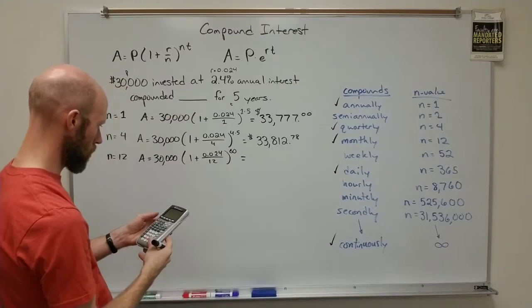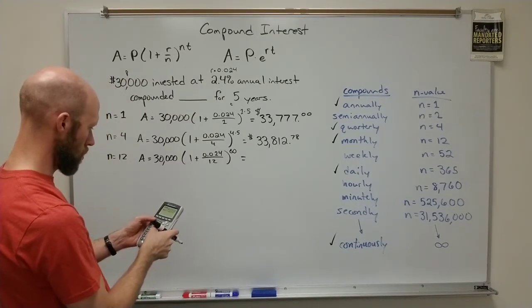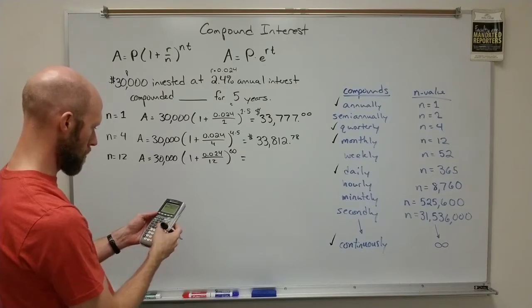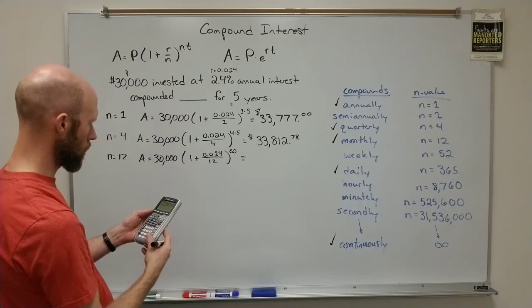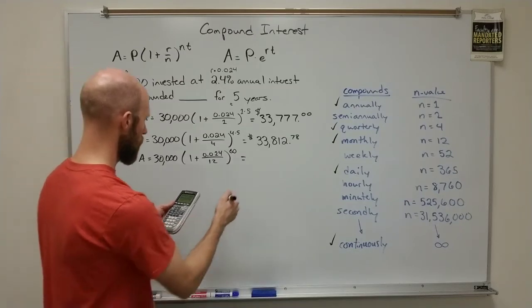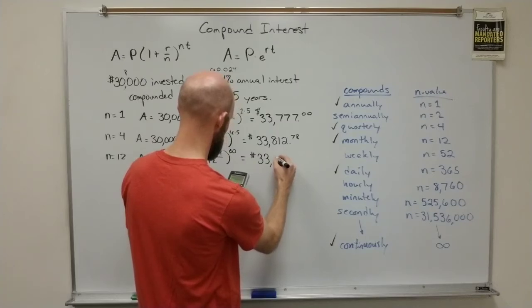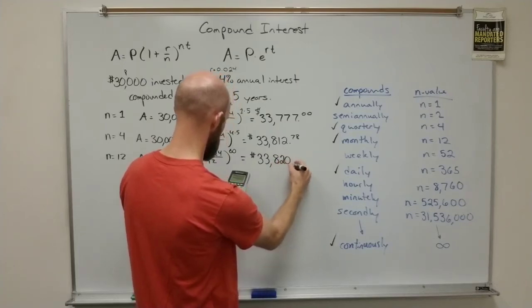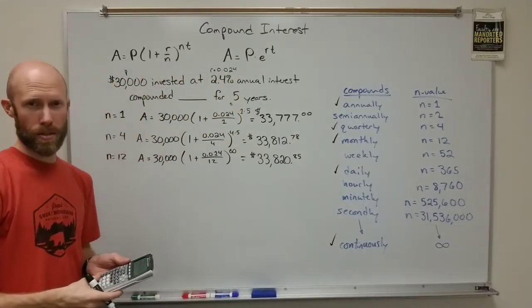And so I'm just going to copy and paste that. I'm going to put a 12 in the denominator and make the exponent a 60. And I should get $33,820.85. So what's that, about an $8 increase.